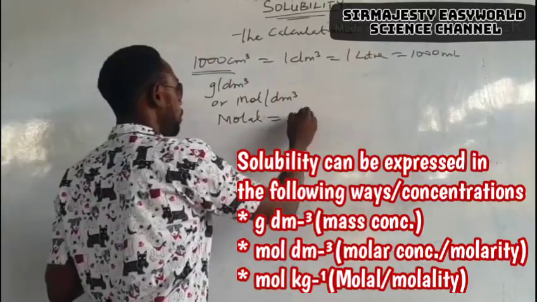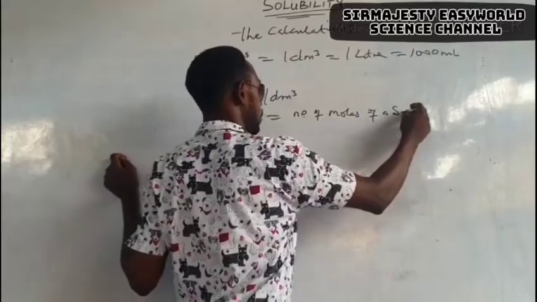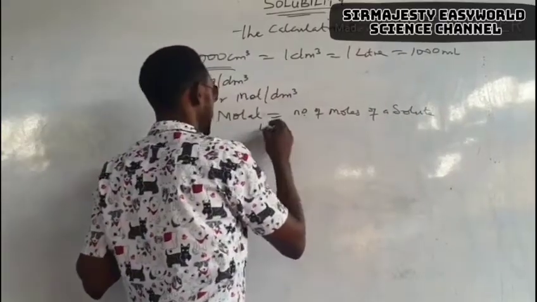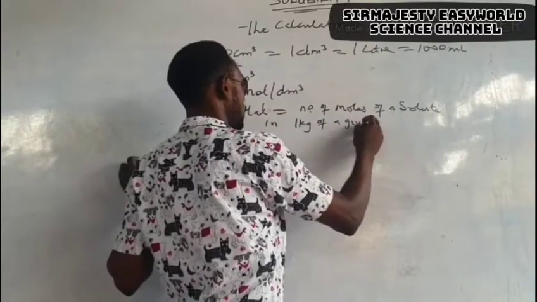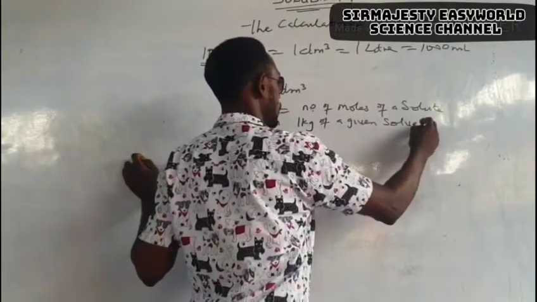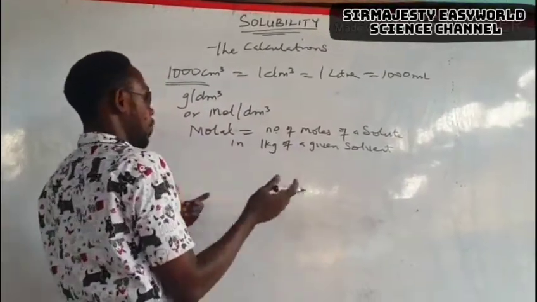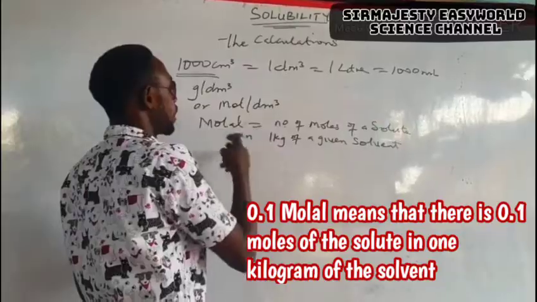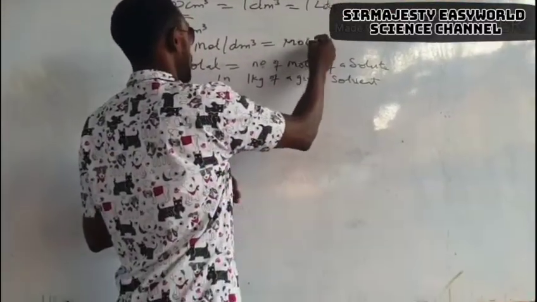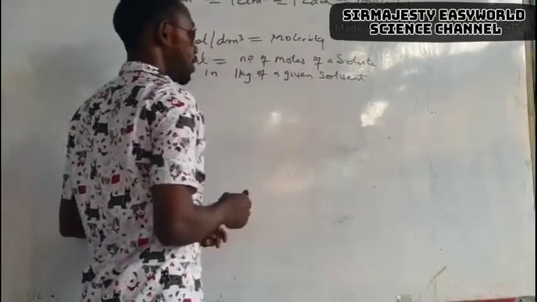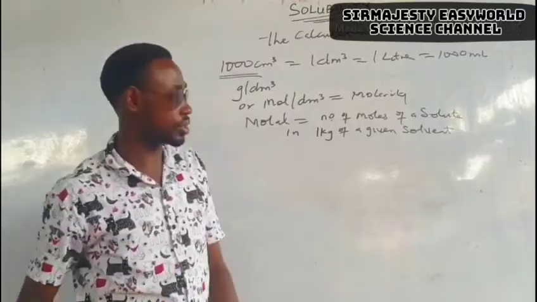Molar means the number of moles of a solute in a given volume of solvent. So when I say 0.1 molar copper(II) tetraoxosulfate(VI), it means 0.1 mole per dm3. Some authorities say this is also known as molarity. So the unit for expressing solubility is also the unit for expressing concentrations.